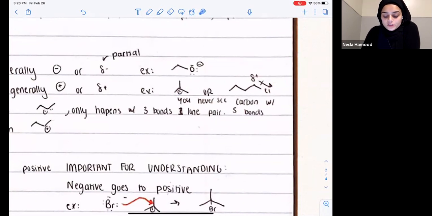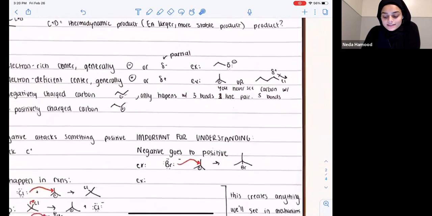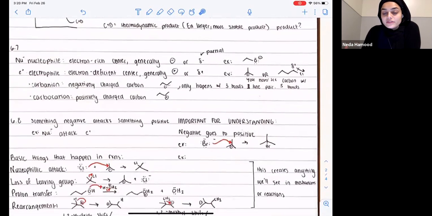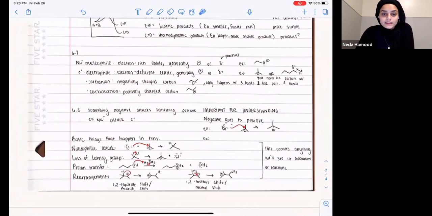And then I'll talk about something in a second, and you'll see why it's important to actually identify the molecules. And it really will help you understand how these reactions are happening. Because honestly, if you understand the things on this page, then it's really going to help you drawing the arrows, seeing the reaction mechanisms. It's going to make sense.